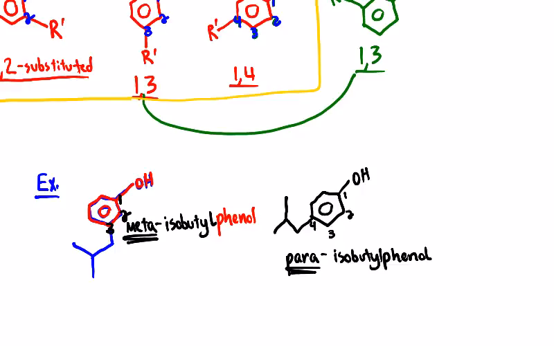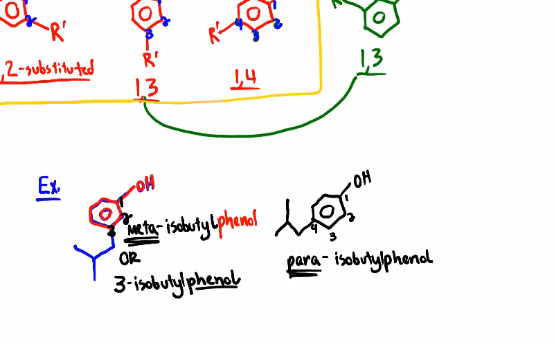There is one other acceptable way to refer to these, and that is you could refer to it using numerical based substituents. So rather than saying meta isobutyl phenol, you could also refer to it, if you wanted, as 3 isobutyl phenol. So it's always assumed that the substituent coming off of the ring at position 1 is what lends to the parent name.